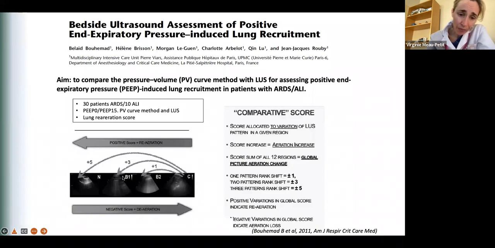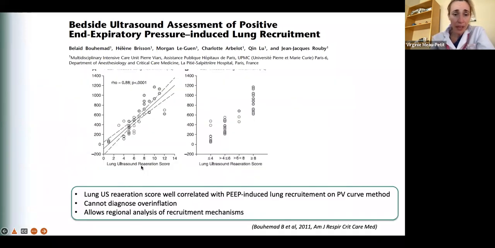When you go down 2 aeration images, for example from score 3 to a score 1, it gives you a +3. And when you go from score 3 to score 0, totally aerated lungs, then you get a +5. And the de-aeration is the same with negative numbers.